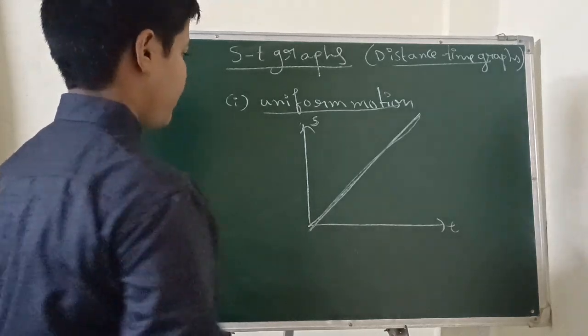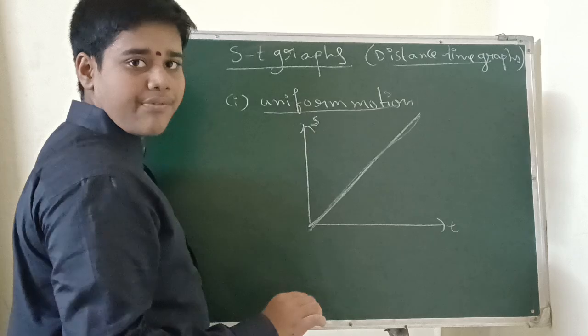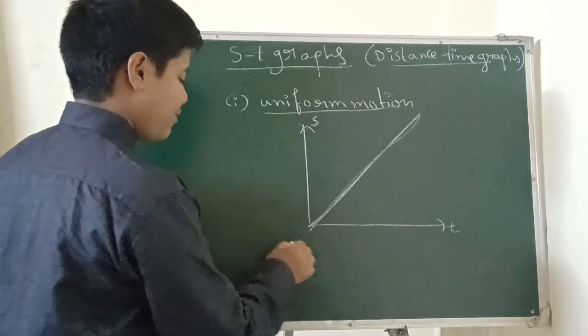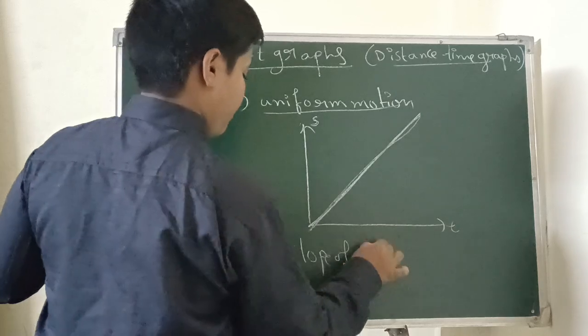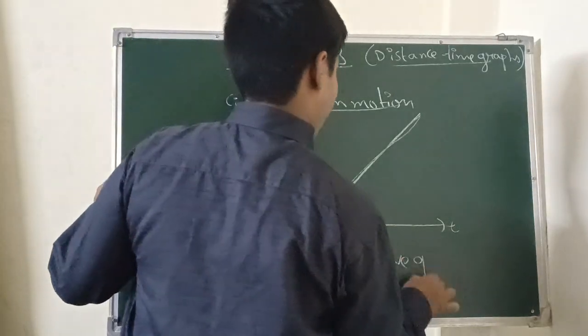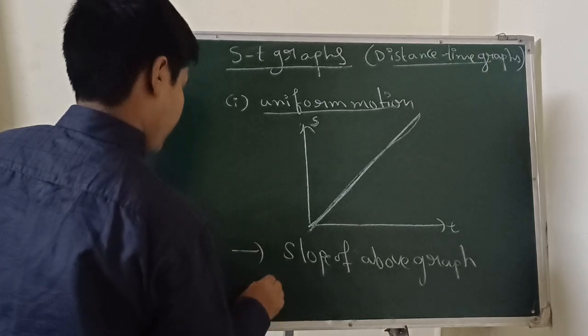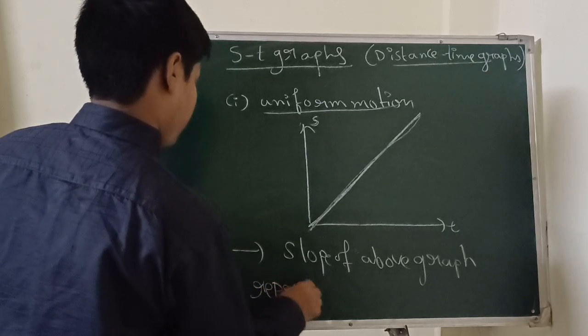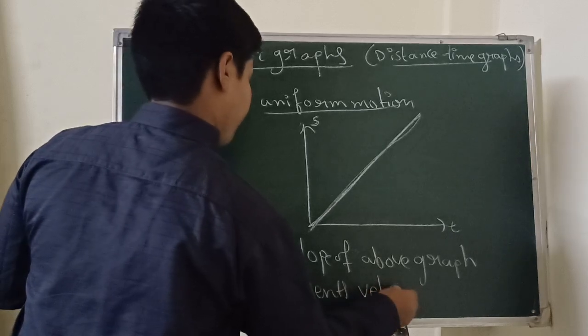Here, if I find the slope of the above graph, it represents velocity.